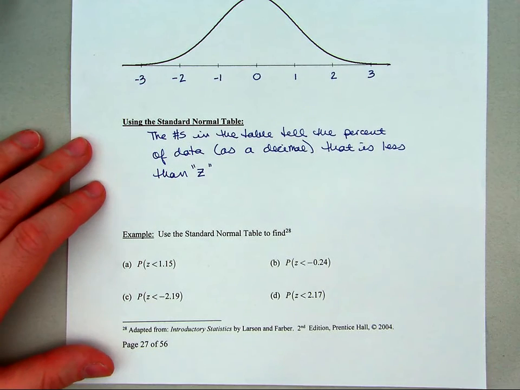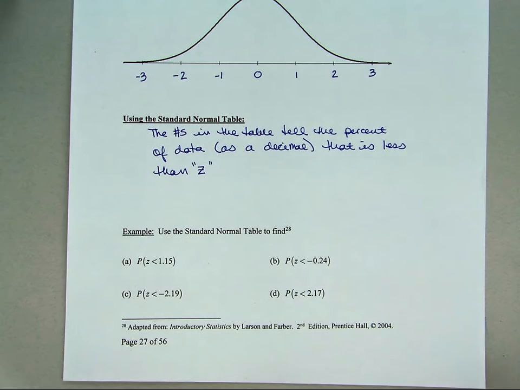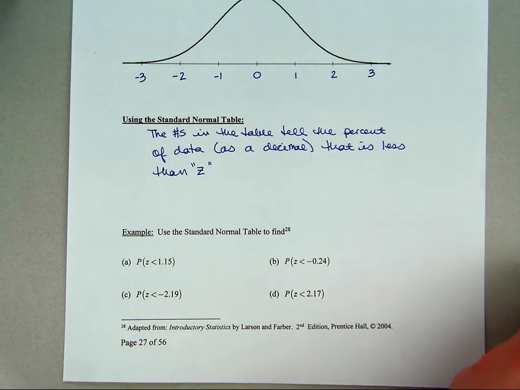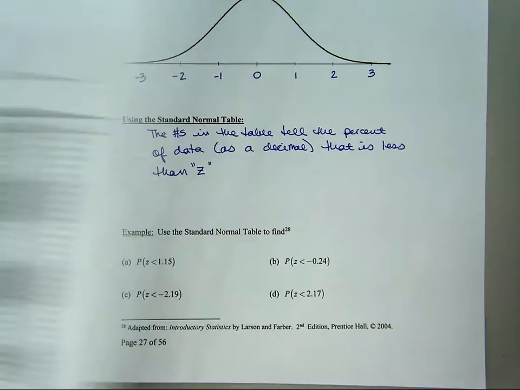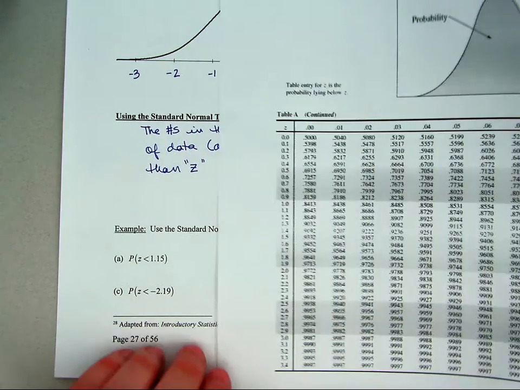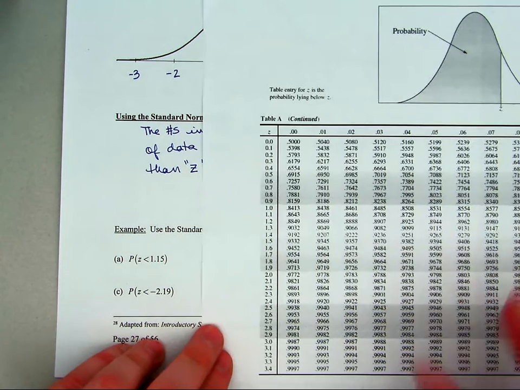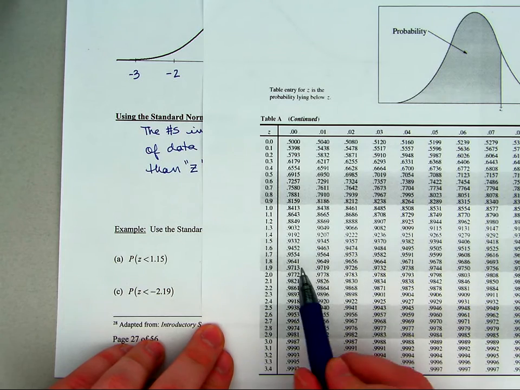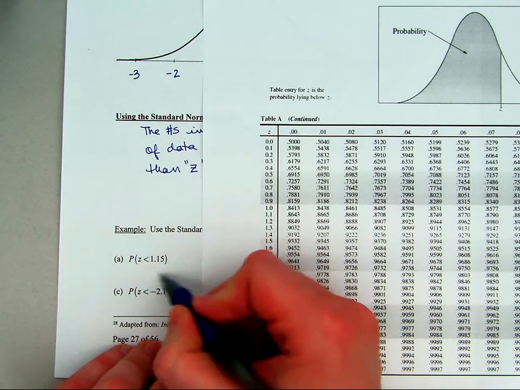Looking at the examples on the bottom of the page, we're asked to find the percent of data where all the values are less than 1.15. We're going to go to our standard normal table on the next 2 pages. In particular, I'm going to go to page 29. The table tells me the percent of the population where the values are less than a specific number.